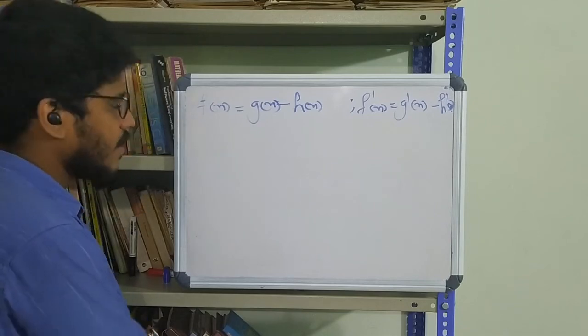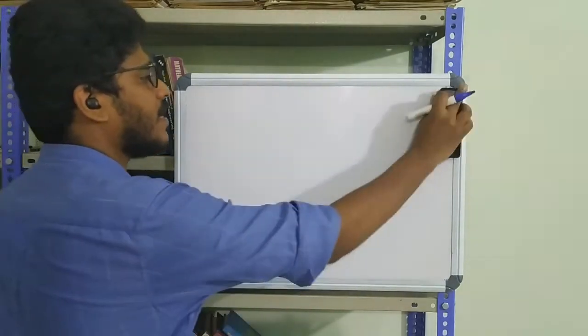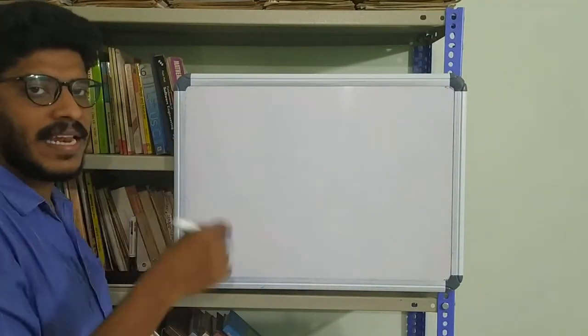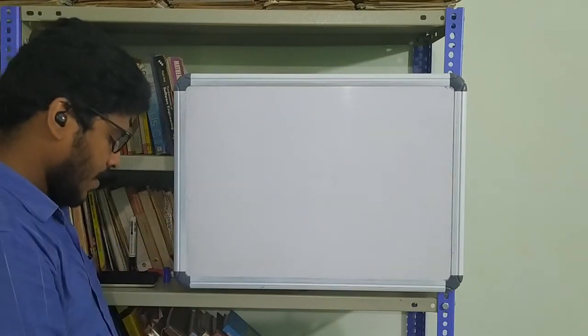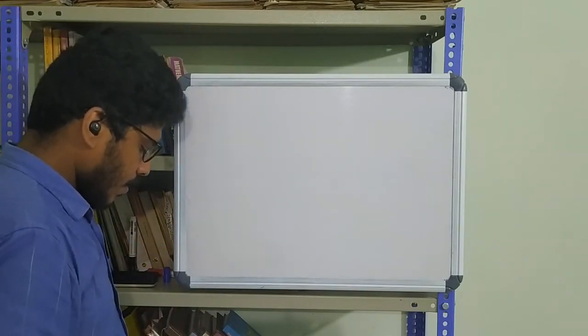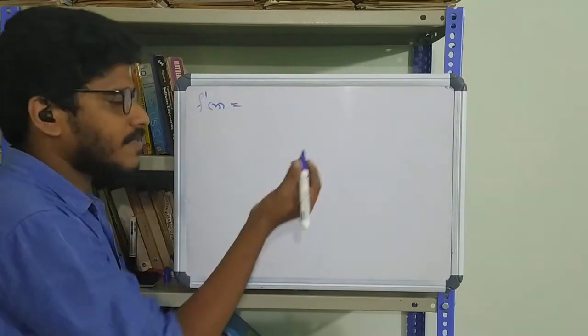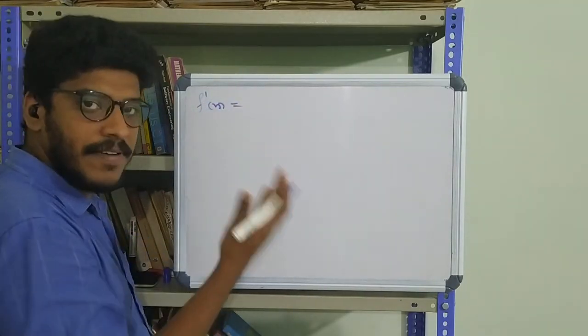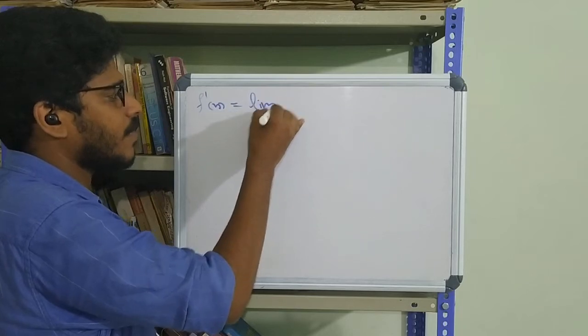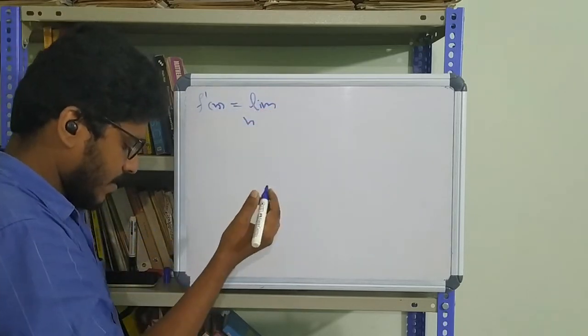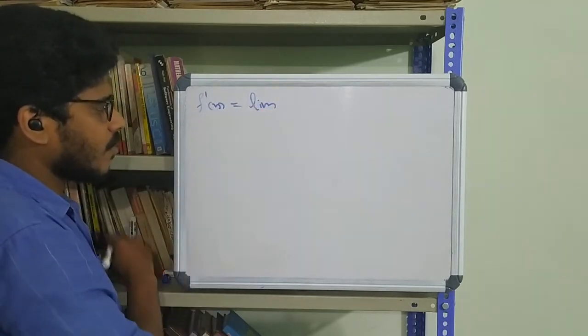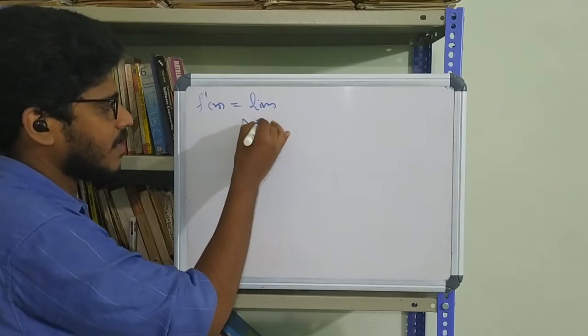So we'll use the basic definition using the limits for derivatives. So we know that f dash of x is defined as limit, say some delta x. Let's use delta x instead of h here since we have a function h.